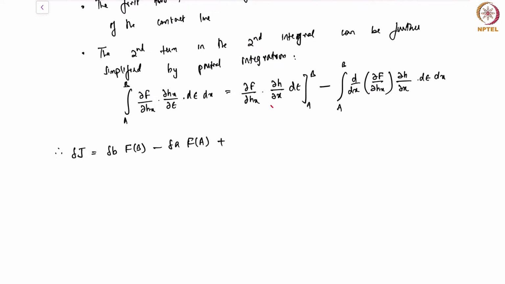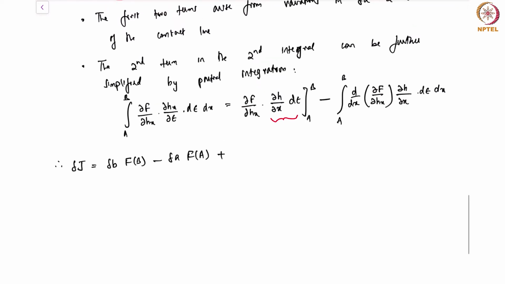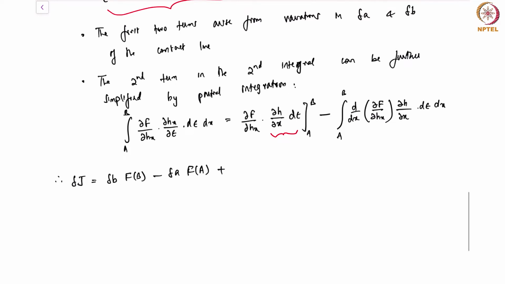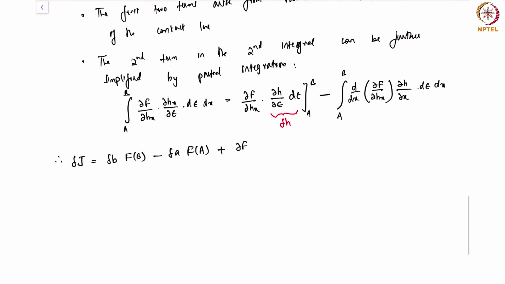I made a small error here somewhere. This should be derivative with respect to epsilon, sorry. This quantity here is nothing but delta h, right? So I have del f by del hx delta h at A and B.